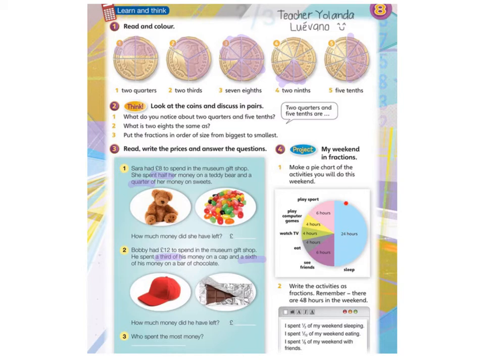So 24 hours of the 48 hours of the weekend, he spent sleeping. And here we have the other activities. I spent 1/12 of my weekend eating. What is the 12th? The 4 hours. I spent 1/8 of my weekend with friends. So he will have 6 hours.